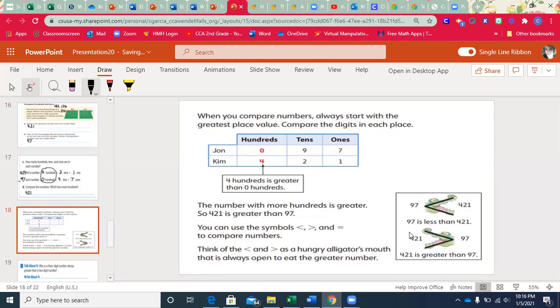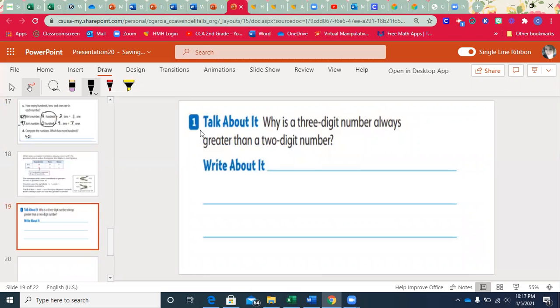And the open mouth of the alligator is always going to be open towards the greater number. So think of the less than and greater than signs as a hungry alligator's mouth that is always open to eat the greater number.